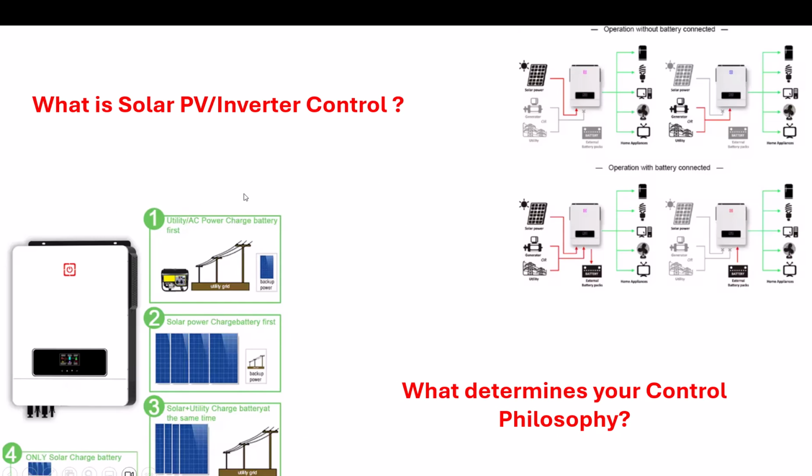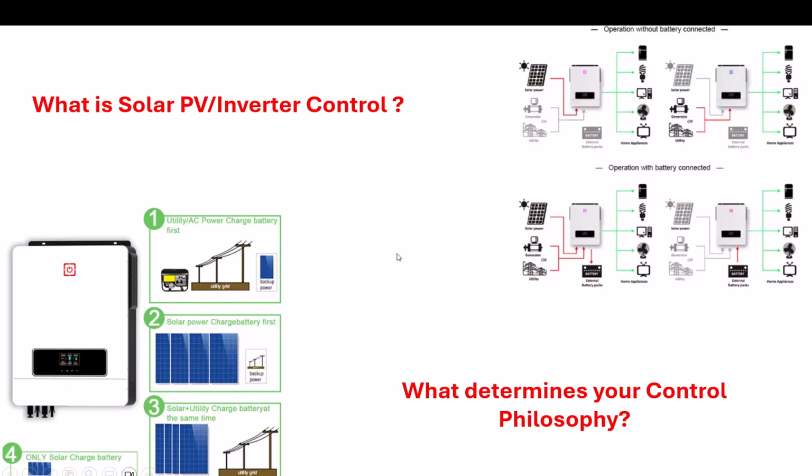And also solar PV inverter control attributes to the charging capability when it comes to the batteries. Either you charge from your utility source or you charge from your solar panel source, or you charge from both sources at the same time.